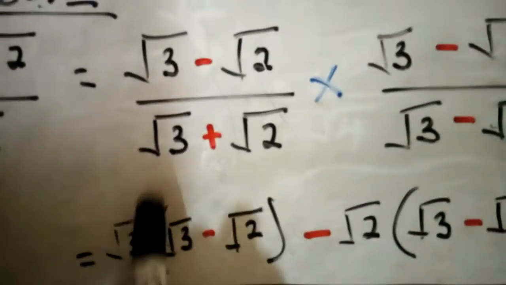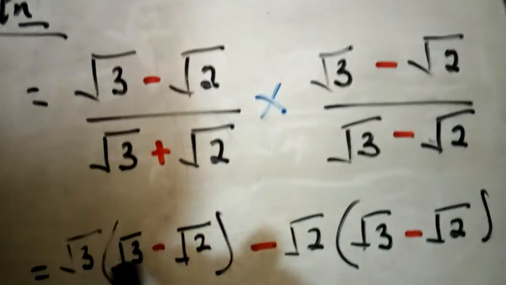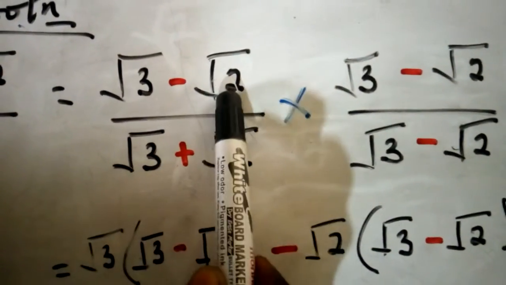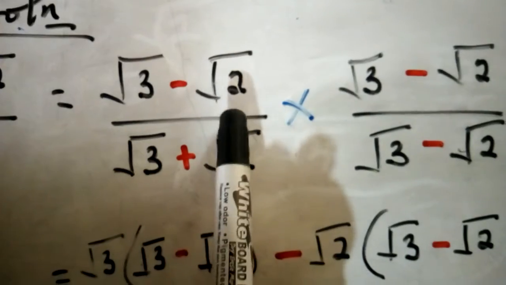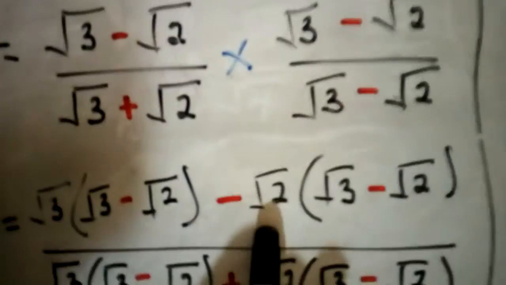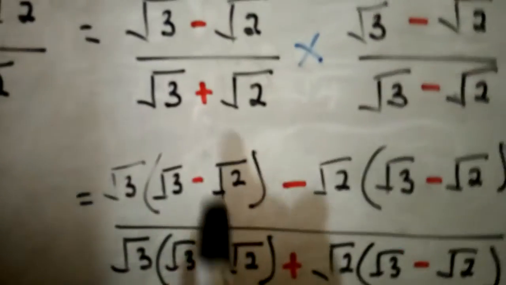Exactly what I did here. So I picked root 3 first to multiply everything here, and the same applies to minus root 2, the second term. I chose that one to also multiply everything here, exactly what I did over here. So when you multiply, the same applies to the bottom, right?